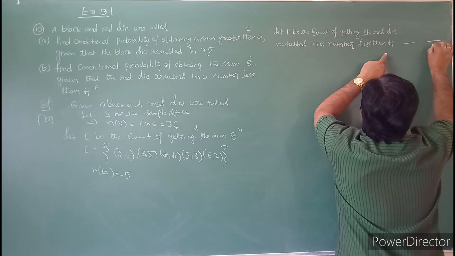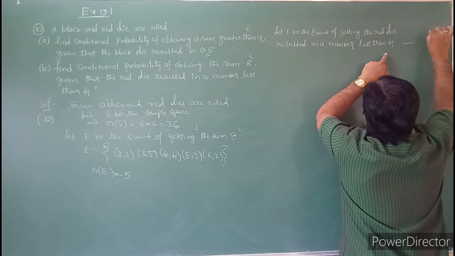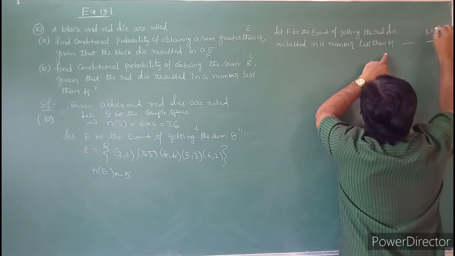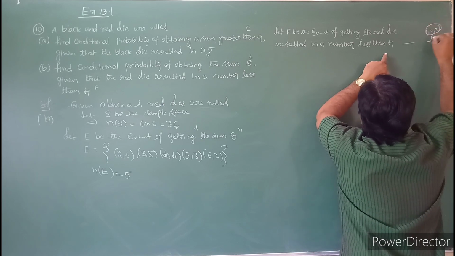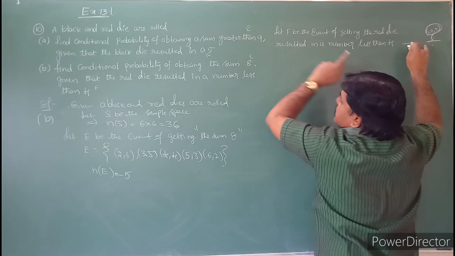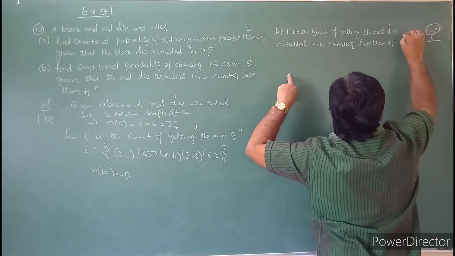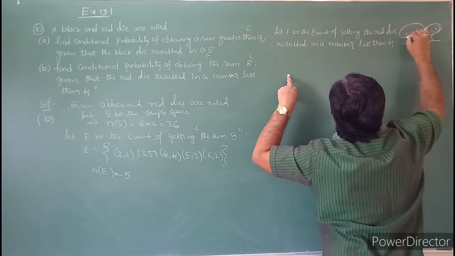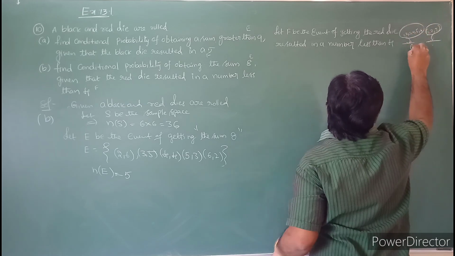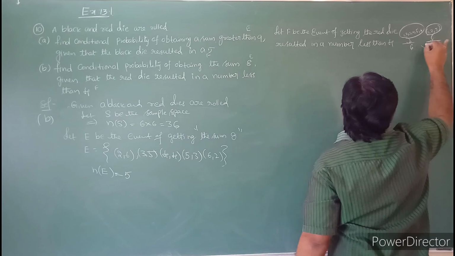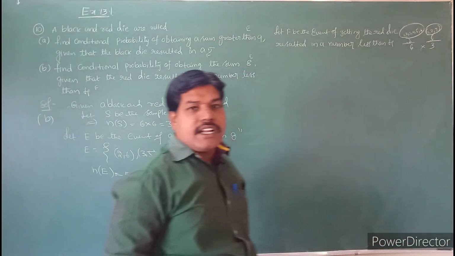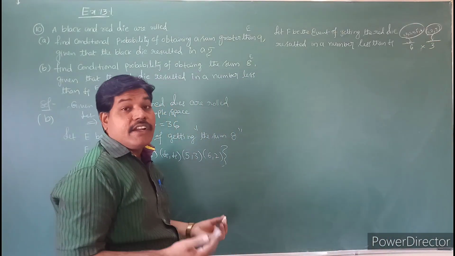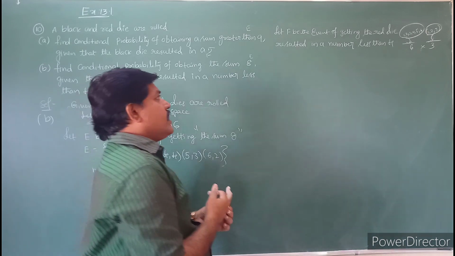Less than 4 is nothing but 1, 2, 3, so you can get any one of these 3, but the first die, the black die, can be any number, 1 2 3 4 5 6. So it is 6 into 3, that is 18 outcomes you will get.